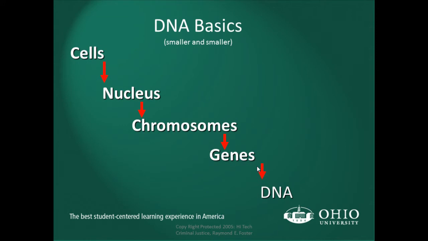So if you look at this, we're going from larger to smaller on this slide. You have your cells. The center part of the nucleus of the cells is where the 23 pairs of chromosomes are. In each chromosome is the makeup of thousands of different genes, and those genes are made up of the DNA in the 4 bases of adenine, cytosine, guanine, thymine. So hope that makes sense.